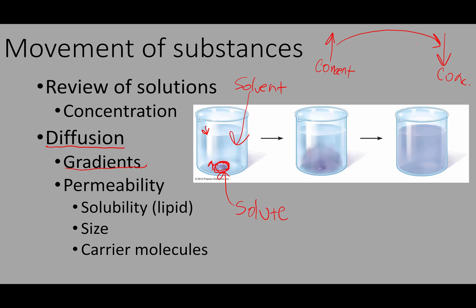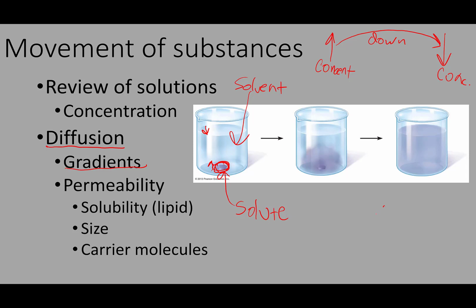We say they move down their concentration gradient. And even though this is going to be a lab topic, we're going to just take a very, very brief look at why that happens.